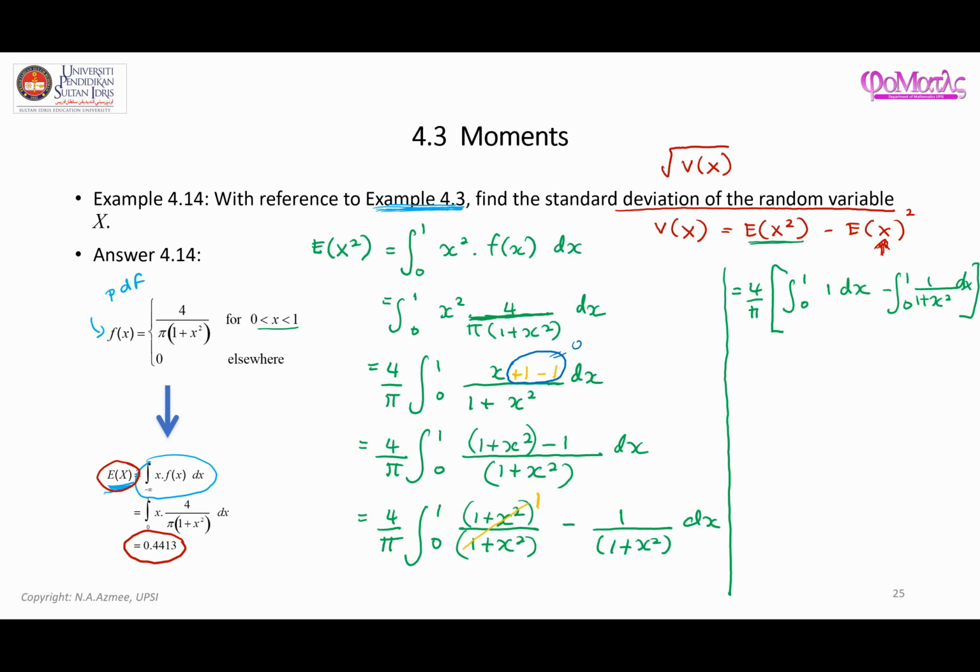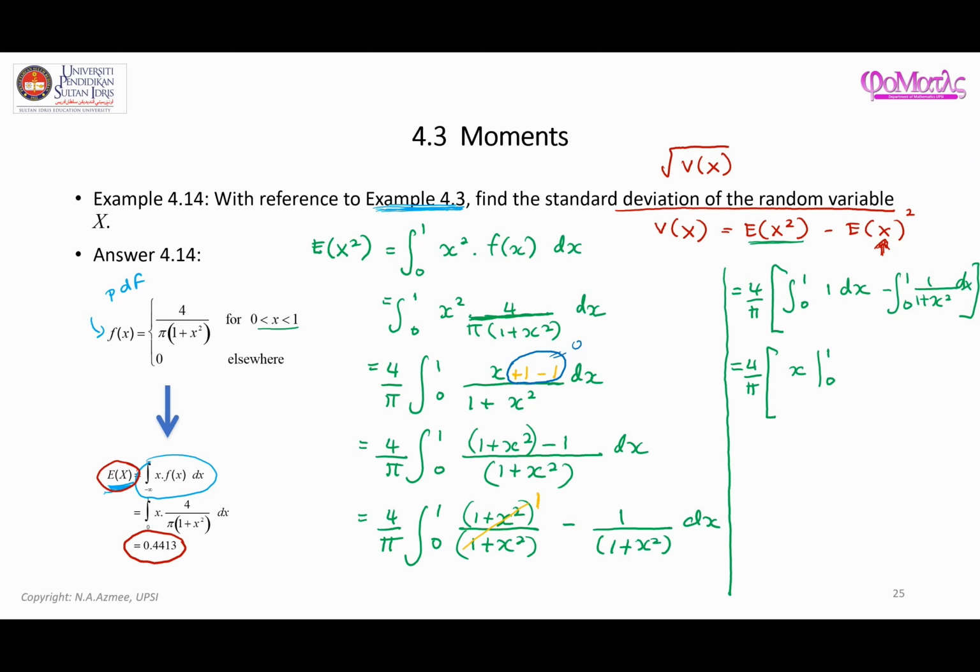Now we all know the result here. If you integrate 1, you will get x. So 4 over pi, the result here is x, and the limits are 1 and 0.